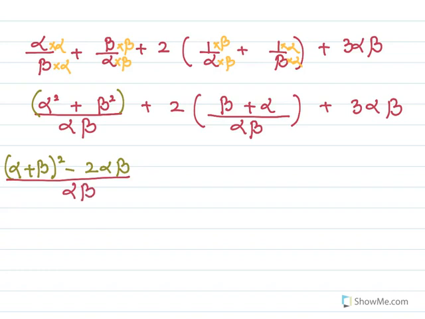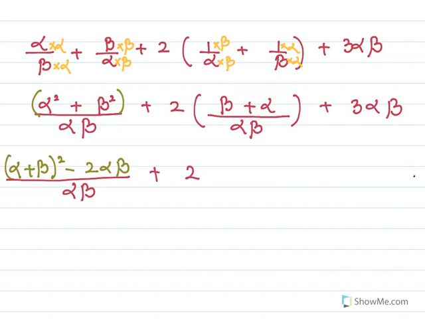Now this is over alpha beta plus 2. We know alpha plus beta is minus b by a, and we have already found that out earlier. Let's remind ourselves. We know that alpha plus beta, we found earlier, was 2, and alpha beta was given as 4 by 3. So now let's put in the values.